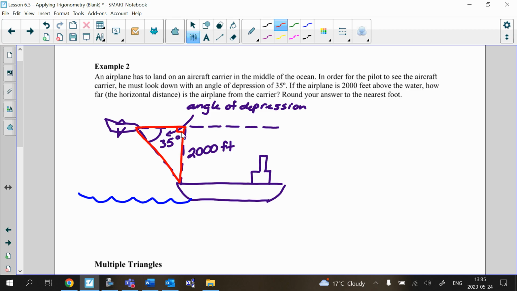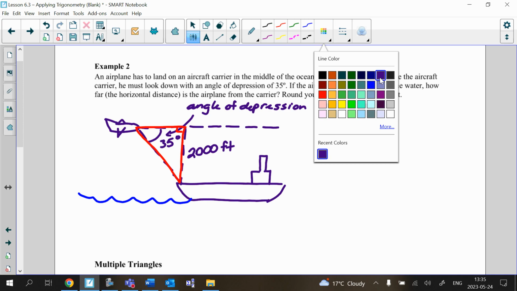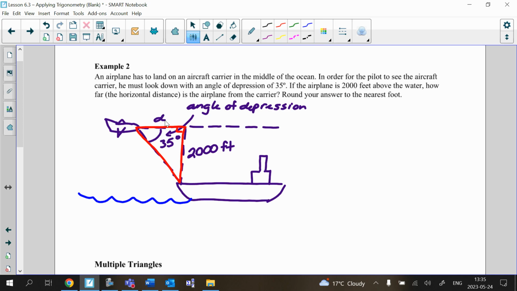And what is it that I want to find? The horizontal distance, not the slanted distance, the horizontal distance. So that's the unknown. Can somebody tell me what my trig equation would look like? What trig am I going to use?